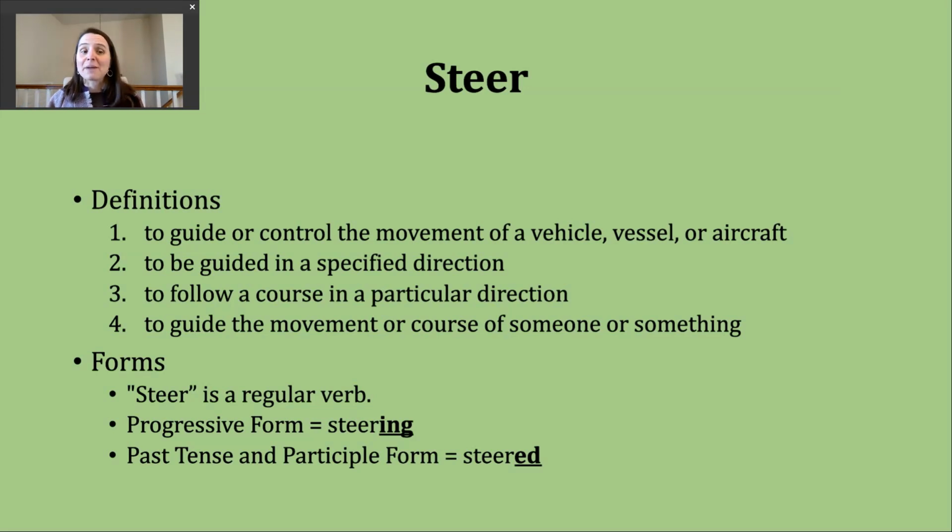A third way you might hear steer used is to mean to follow a course in some particular direction. So sometimes on a trip or some type of journey, you might see this verb used to describe sort of the course and direction that a group or a person took.